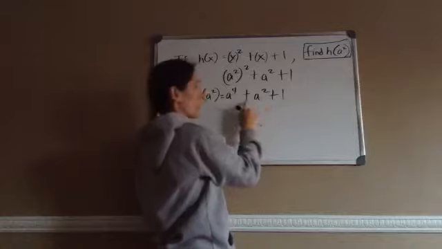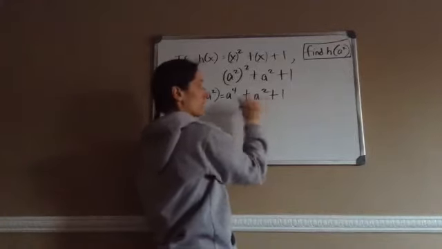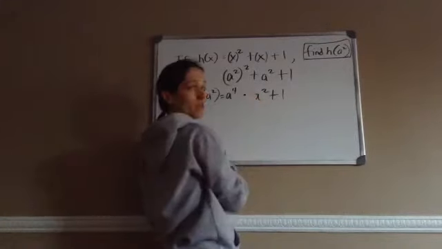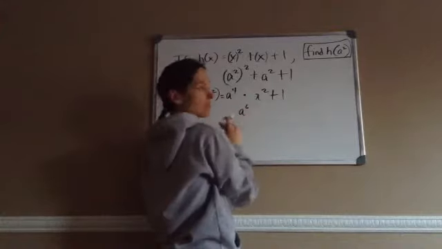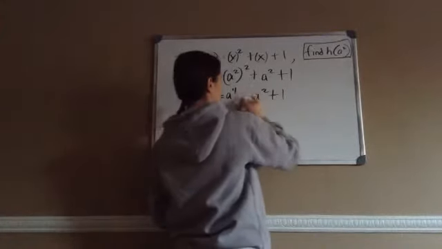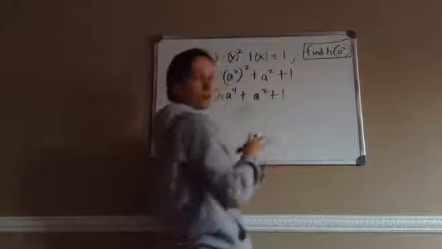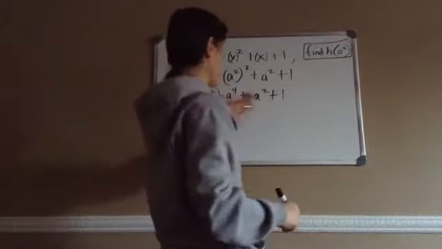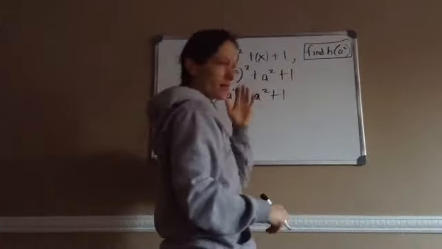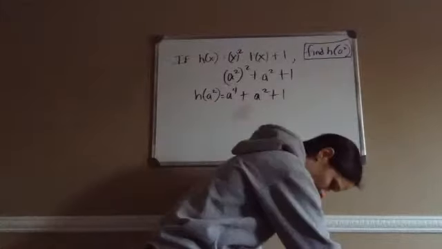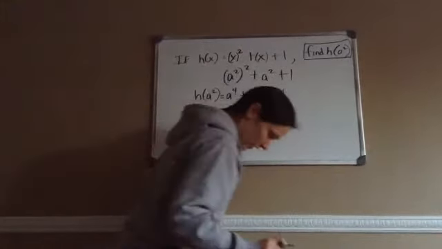When you're adding, see how they're adding? If this was a multiplying problem, then it would be a to the 6th. But adding, they're seen as two different things, male, female, dog, cat, whatever, okay? So it's hard to remember that rule, but it's very important that you do.